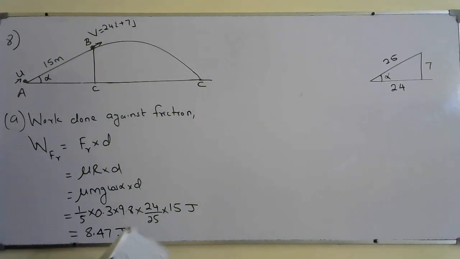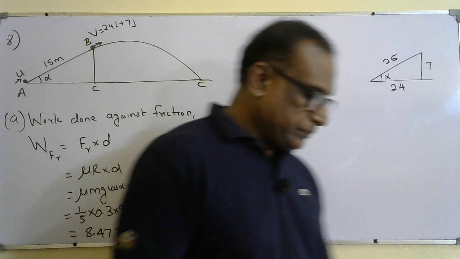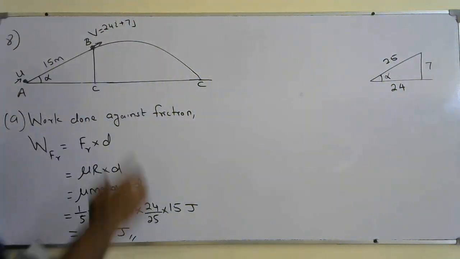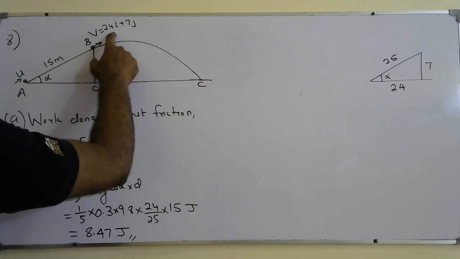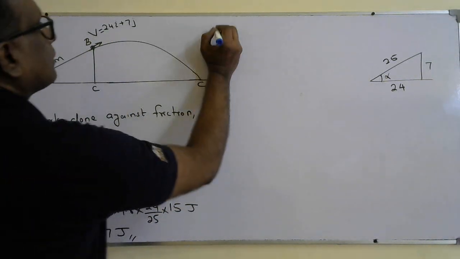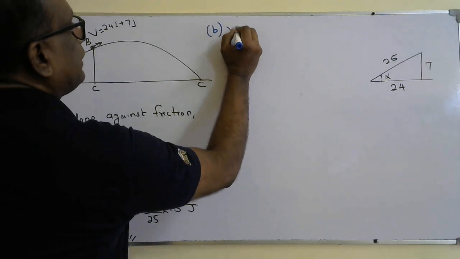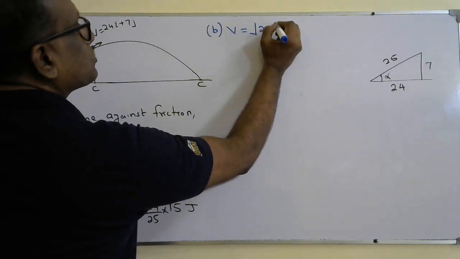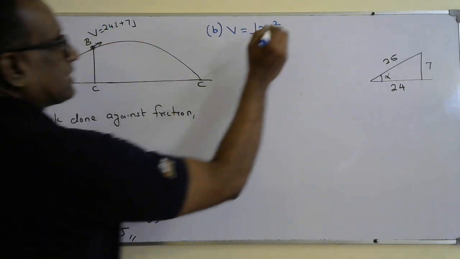Okay, B part. Use the work energy principle to find the value of u. So we know the speed at B. We can find the speed at B. We know the components of the speed. So B part, speed at B. V is equal to the square root of 24 squared plus 7 squared, because it is 24i plus 7j.